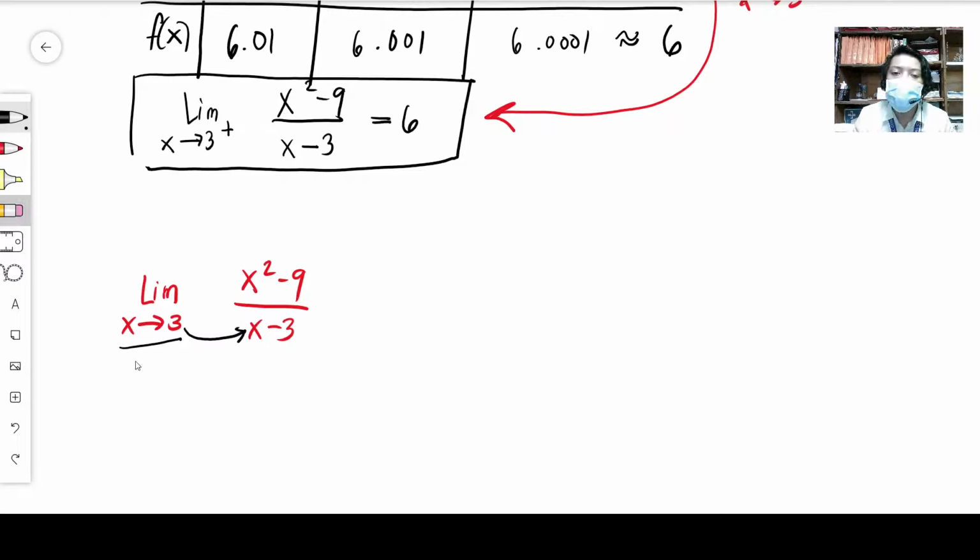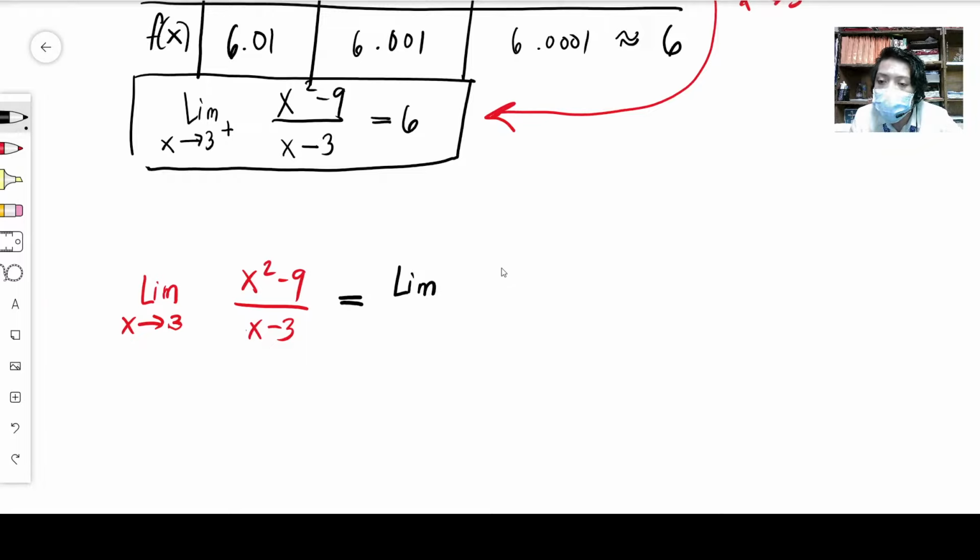So what is the workaround so that we don't get undefined and we can actually get the limit, without constructing a table of values? We can use factoring, which makes it easier. So the limit of x squared minus 9 over x minus 3 as x approaches 3 is equal to the limit of, let us factor x squared minus 9.